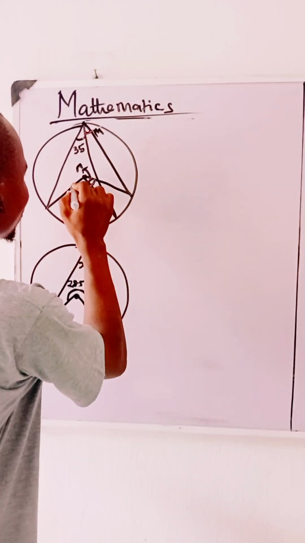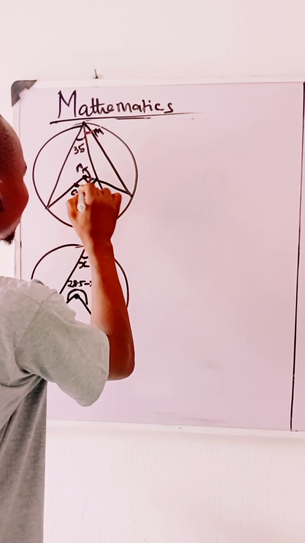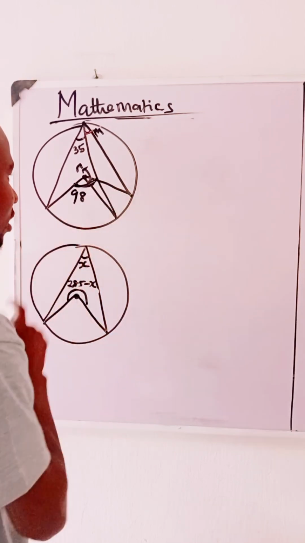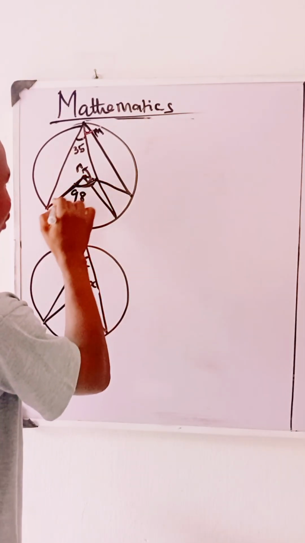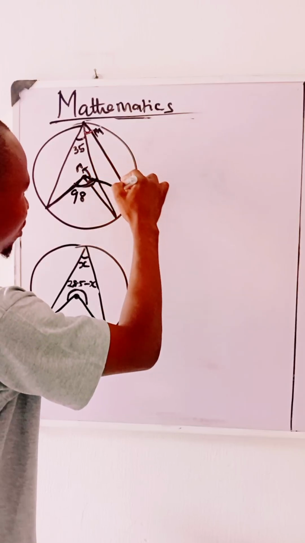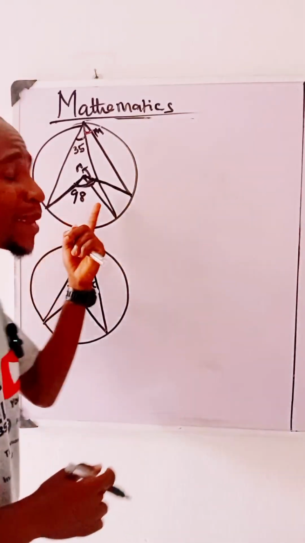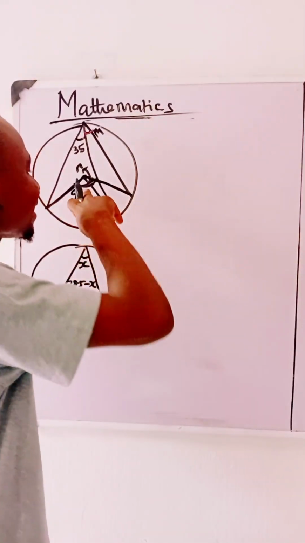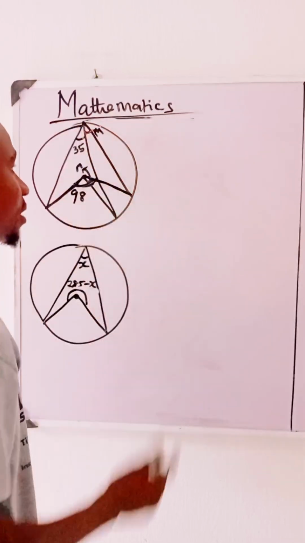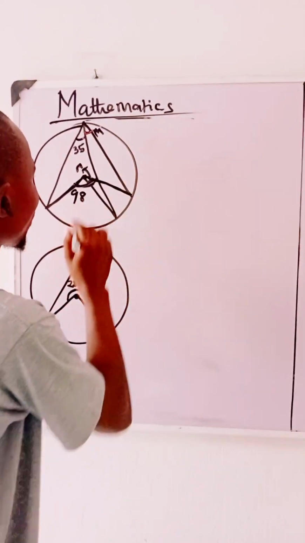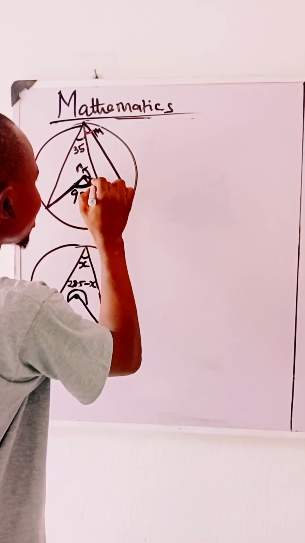Here, from here to this point here is given as 98. Now, study it. I have a radius from here. So that means applying the rule that says angle at the center is twice angle at the circumference. Now, what is the circumference that is created with this?